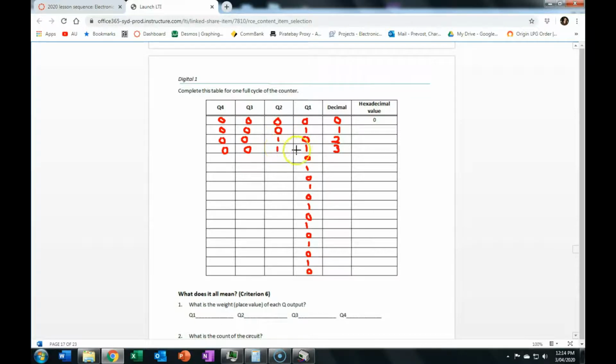Then the next one changed and that stayed at 0. So we've got 2 zeros and 2 ones, 2 zeros, 2 ones, 2 zeros. This one, 4 zeros, and, well, you guessed it, 4 ones.